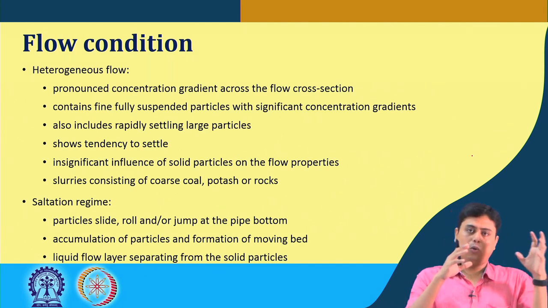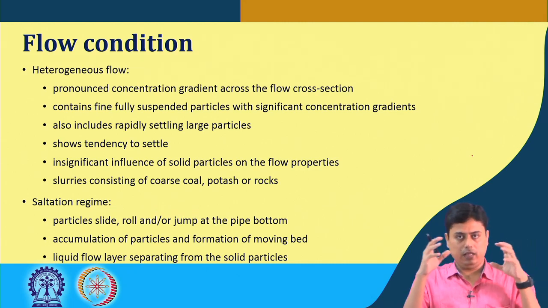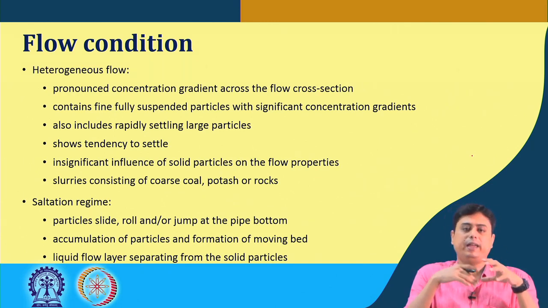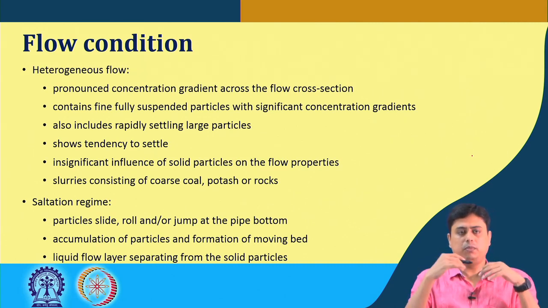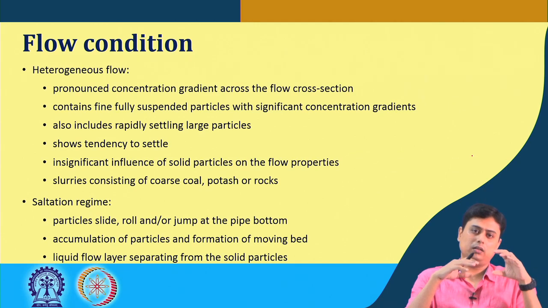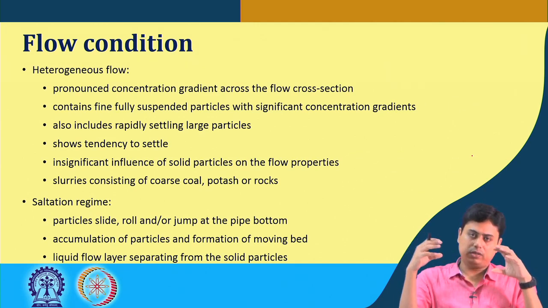So this is the homogeneous regime, then the heterogeneous regime, and then we have the saltation regime in slurry transport. Here, in this saltation regime, the particle slides, rolls, jumps at the bottom of the pipe, which means the particle has already settled. Some of the particles are settled and the fluid stream is flowing.